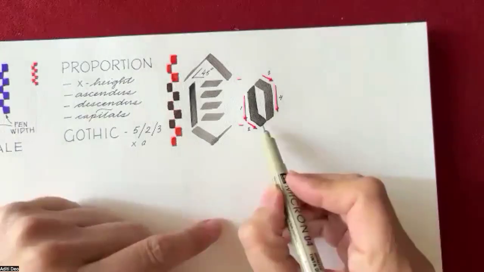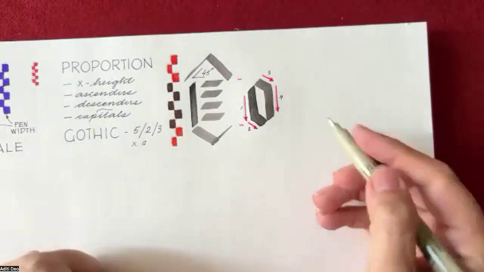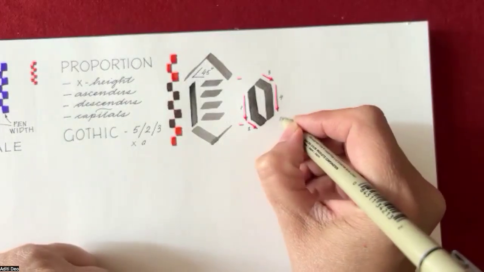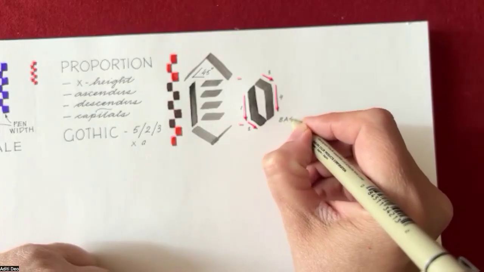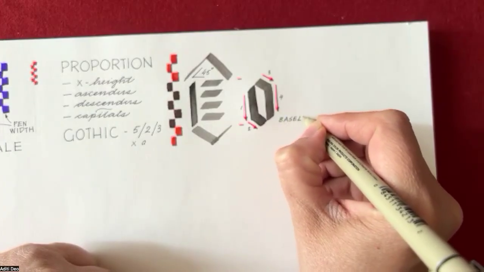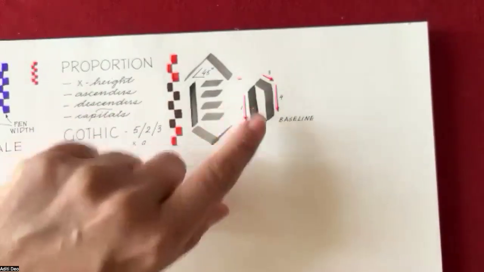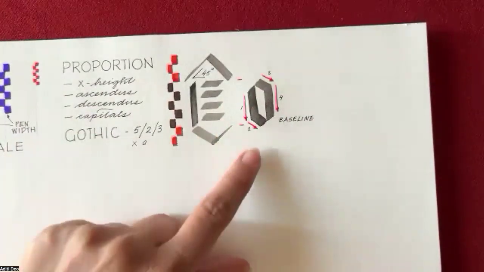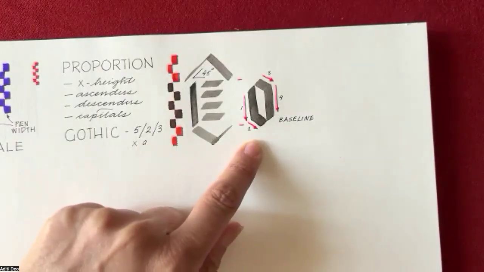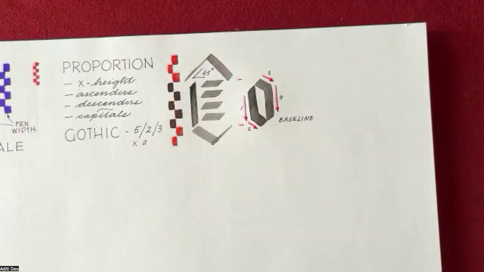So the letter sits on what is called the baseline. And mind you, the baseline is the line on which the small or minuscule letters sit, not the descenders, and sometimes even not the capitals. Excuse me, I'm coming down with a terrible cold.